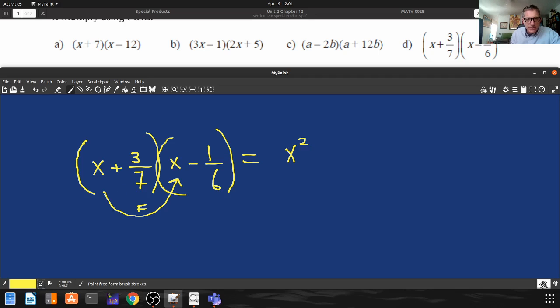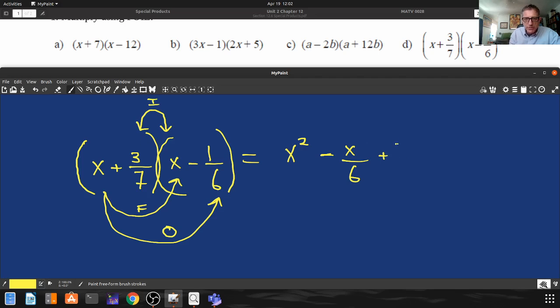My outer term, sorry, O comes next, FO, is x times minus 1/6. So that's minus x divided by 6. Or if you'd rather write that as minus 1/6 times x, you're fine to do so. My inner terms are 3/7 times x.